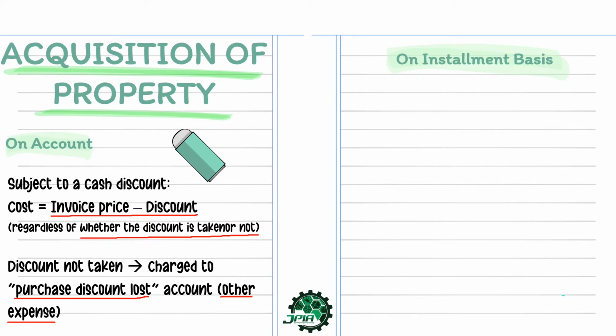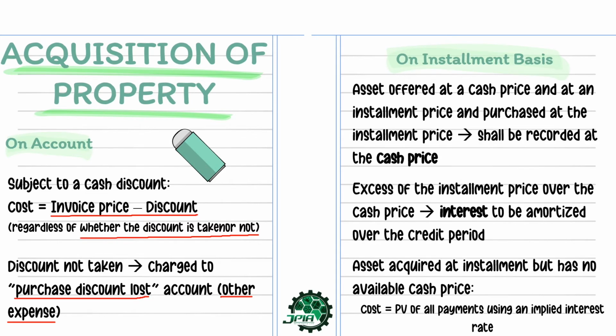Next, on installment basis. So, installment basis, you have periodic payments. So, for installment basis, the assets are offered at cash price and installment price, but you acquired it on installment. Okay, the initial record there should be the cash price.